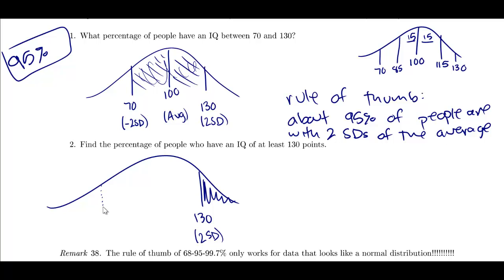I don't know how much is above 2 standard deviations above the average, but if I also draw in a negative 2 standard deviations, then I know the area in between is 95%. We also said the normal curve is symmetric, so that means if there's 95% in the middle, then there's 5% left for both sides.